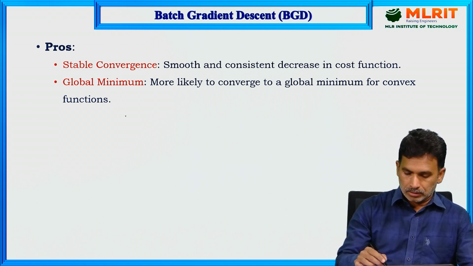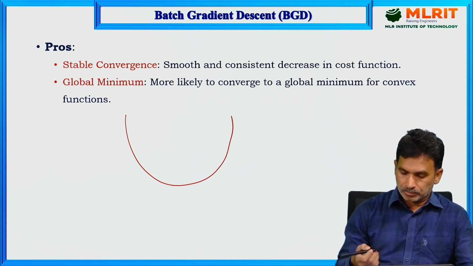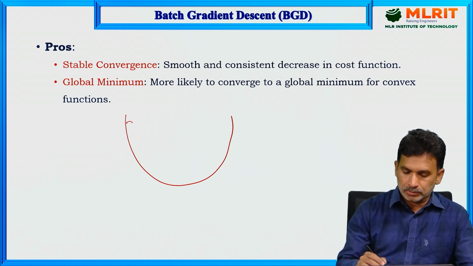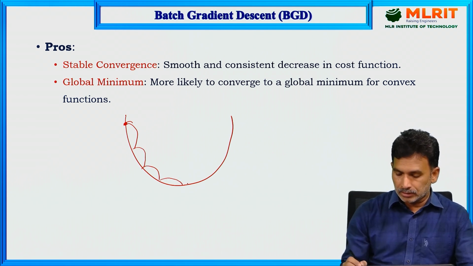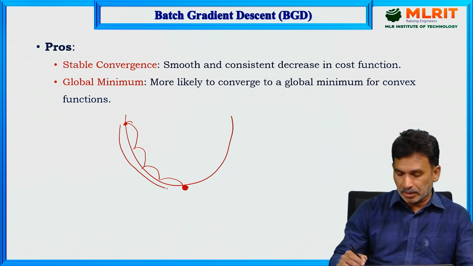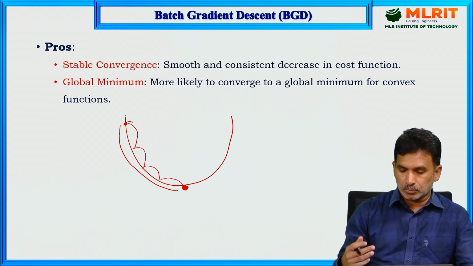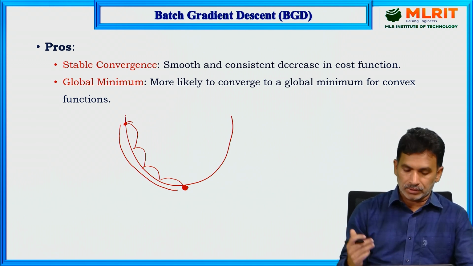Suppose you take this curve, this is the starting point and then the learning starts; each step depends on the learning rate, and it will come to the optimal solution. So we ask how this convergence happens, whether it is smooth and consistent, with a decrease in the cost function or not.